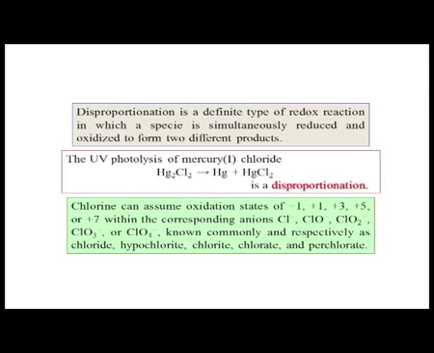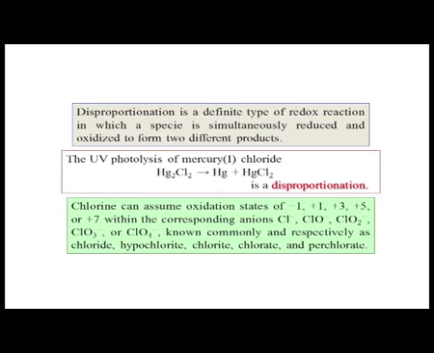But we can take the example of a salt of the metal mercury, which is mercurous chloride, where mercury is present in the +1 oxidation state. A typical reaction condition, because sometimes we have to put some interesting reaction condition such that this reaction goes, is the UV driven photolysis reaction.